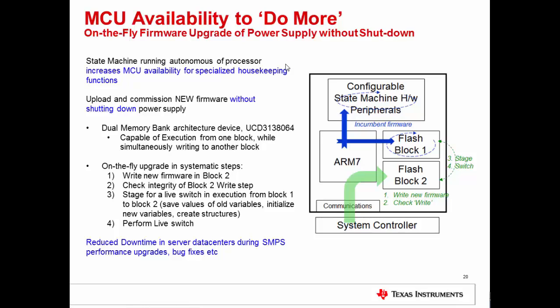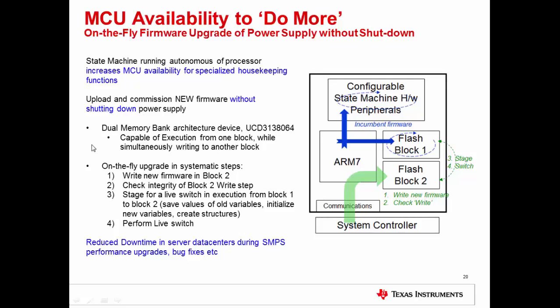This means if the processor is busy with other tasks, the power supply is still well regulated and protected by the state machine. On the flip side, the state machine running autonomous of the processor frees up the processor for specialized housekeeping functions such as these.